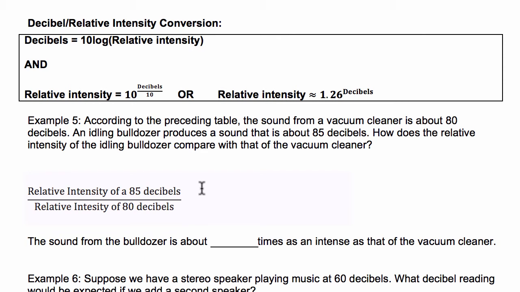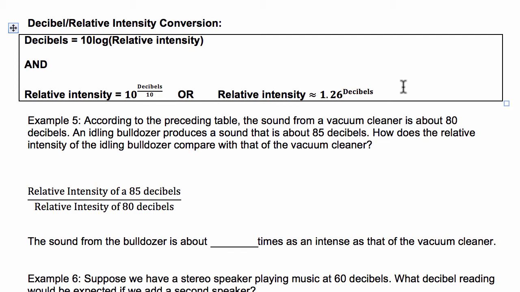I put the greater relative intensity in the numerator and the smaller relative intensity in the denominator. Since we are given the sounds in decibels but asked to compare relative intensities, we need to use our formula above to convert from decibels to relative intensity.